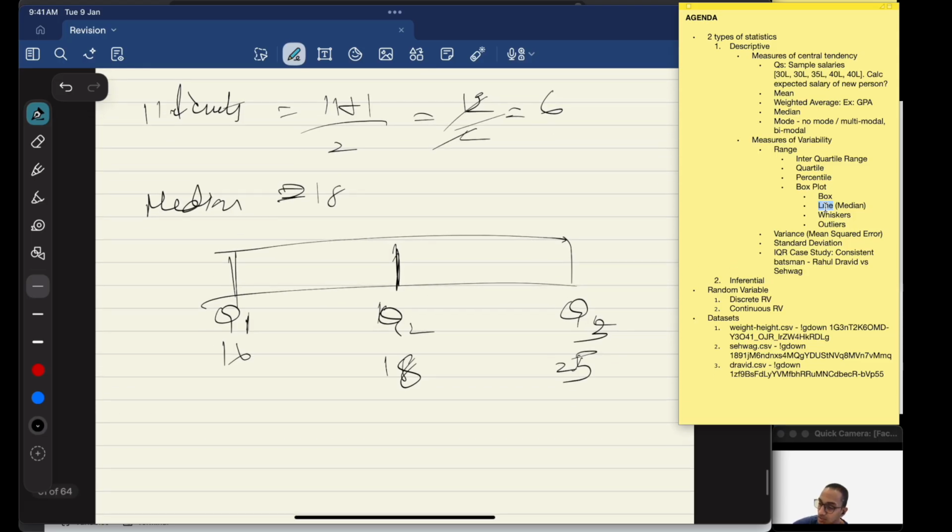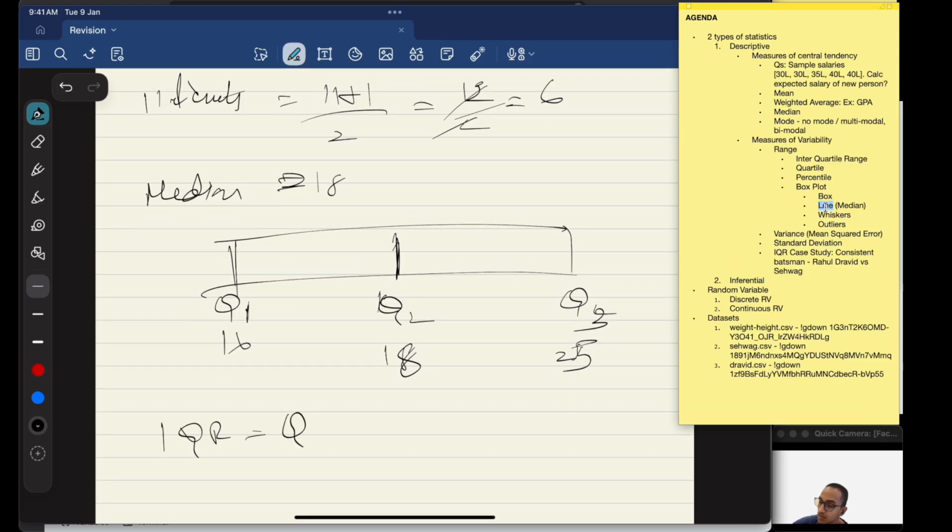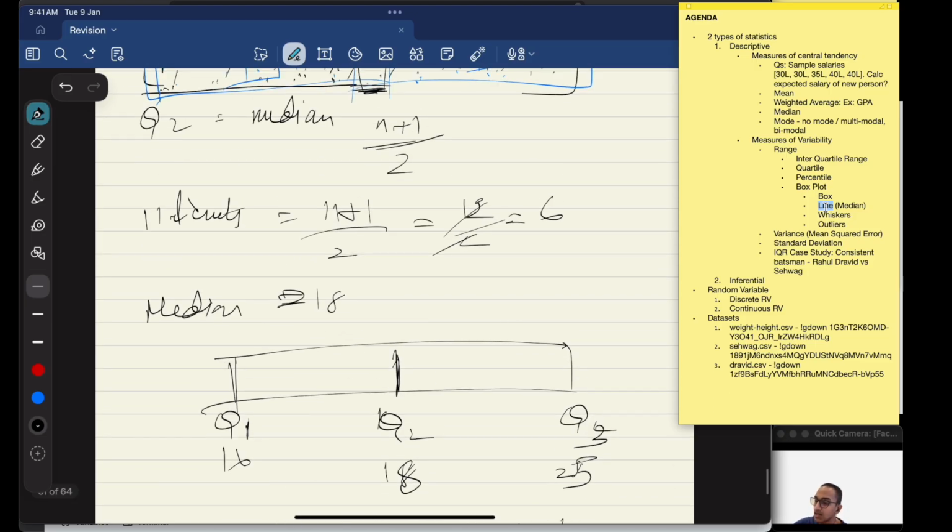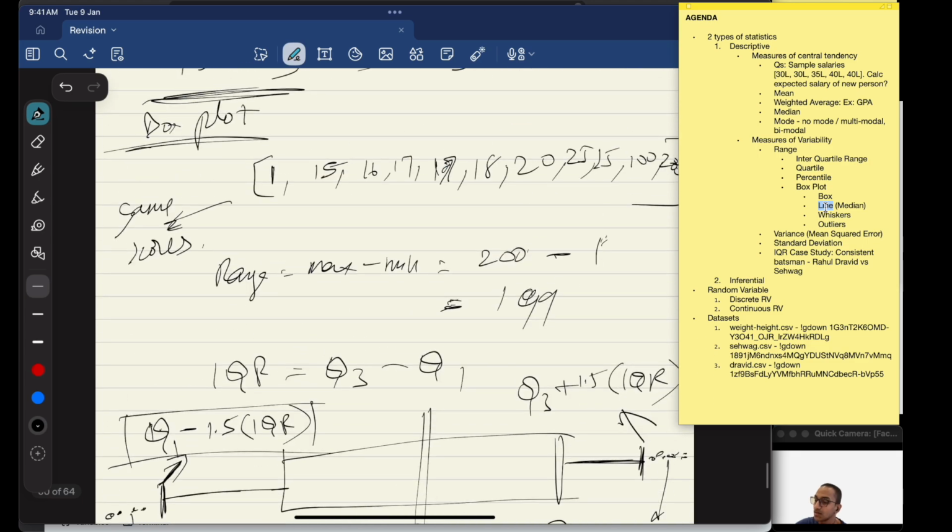So what is our IQR? Q3 minus Q1, which is 25 minus 16. 25 minus 16 is what? 9, right? So our IQR is giving 9, while what is our range giving? The range is giving 199. So you see the difference.